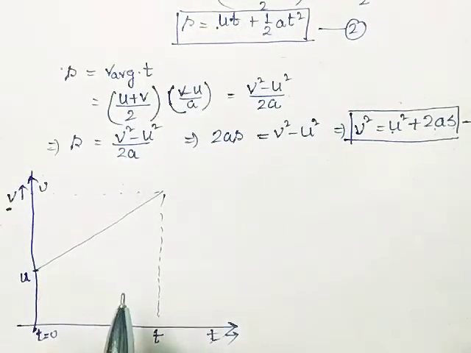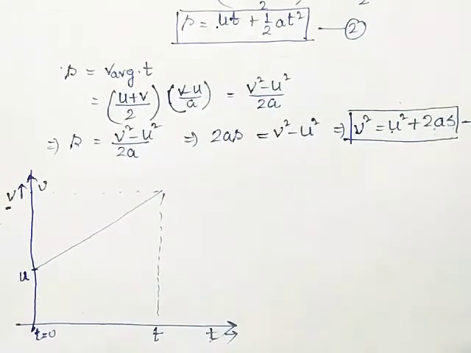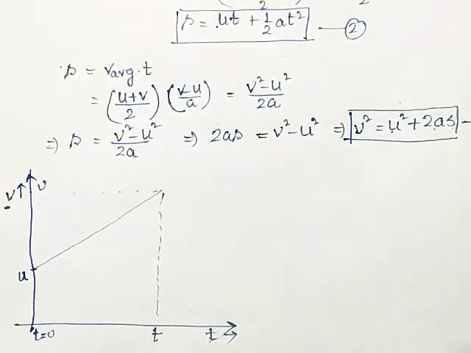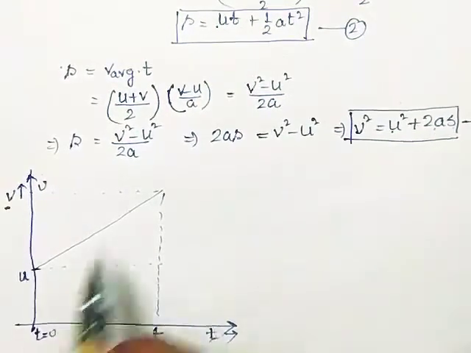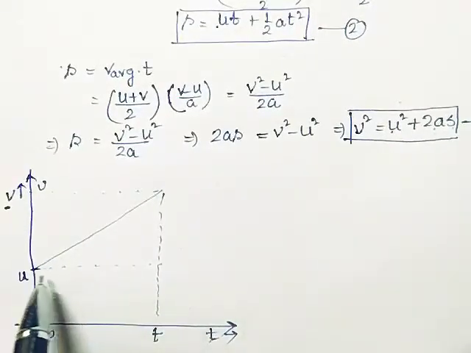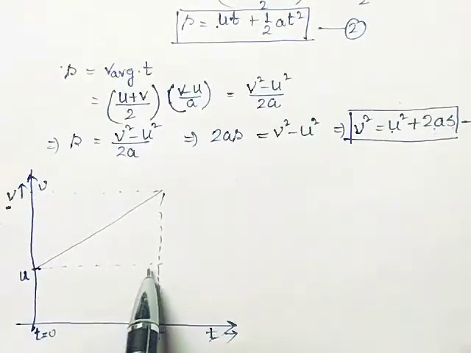If I want to calculate the displacement from this curve, but before that I want to calculate the slope of this curve for the time interval from t = 0 to t = t.